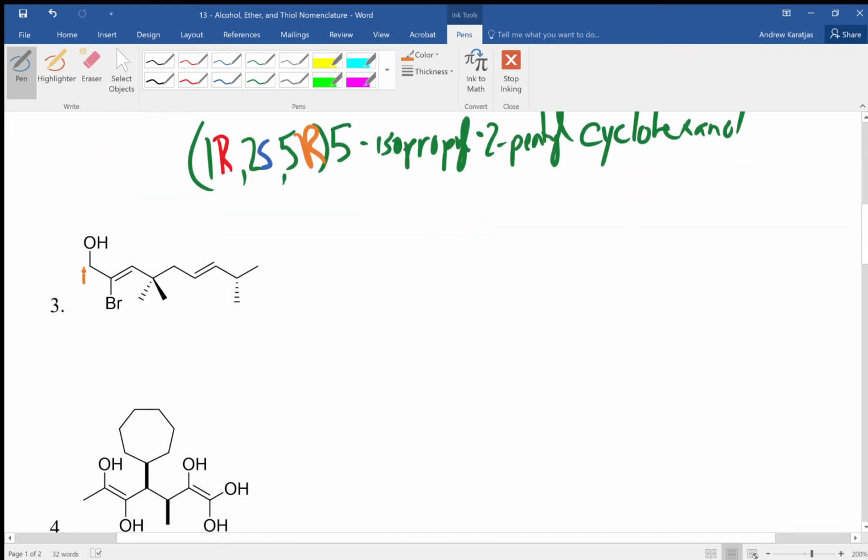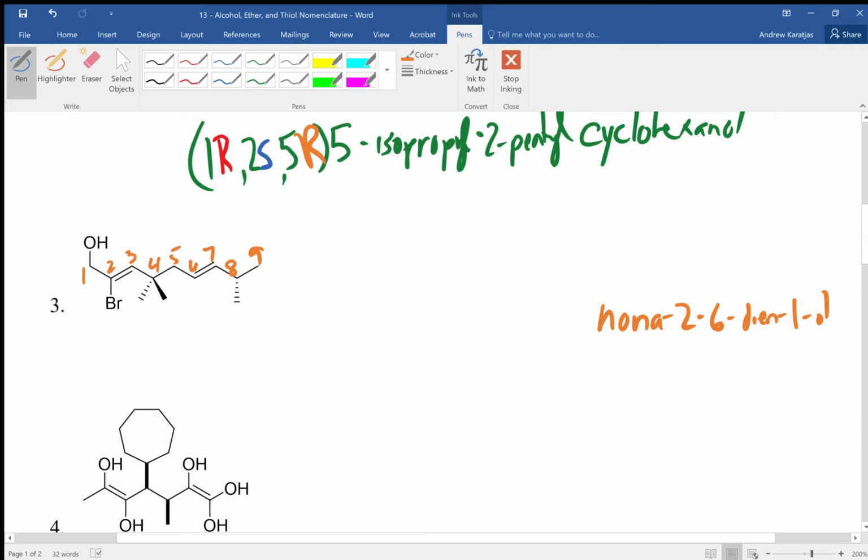Question 3, we start over here at the alcohol end. So this is nonane, but we also have to include the 2 alkenes. So nona-2,6-diene-1-ol.